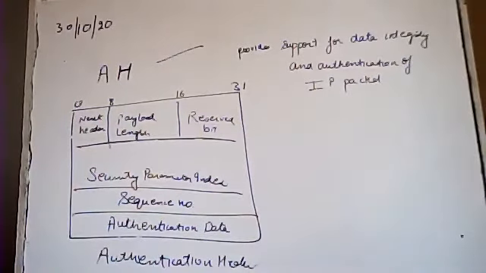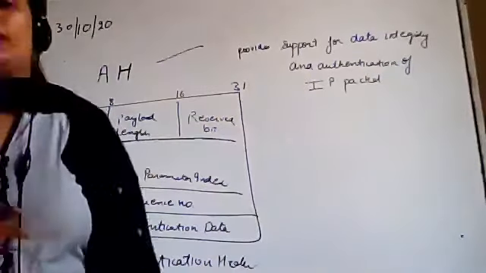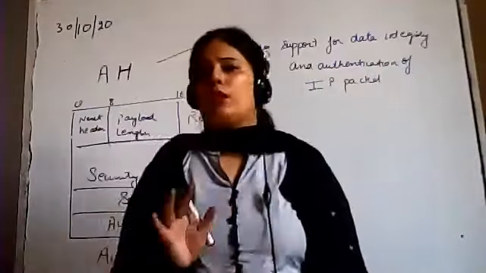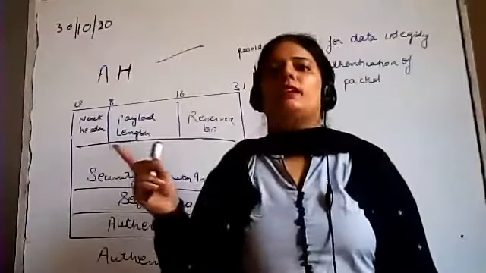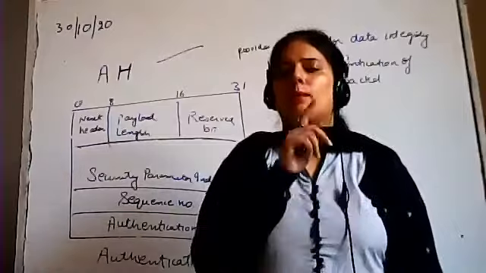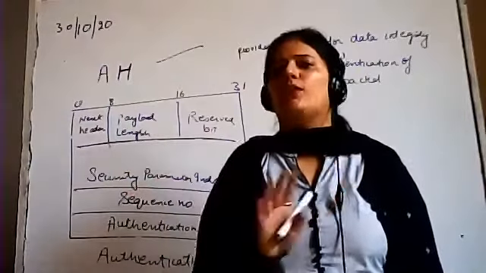Clear? Next, what do we mean by the term integrity? By integrity, we mean that the data that we are transferring has not been modified. No intruder in between the transfer of data from source to destination has modified that data.